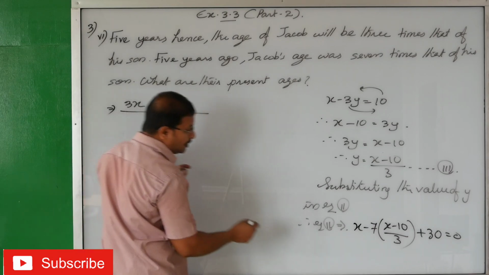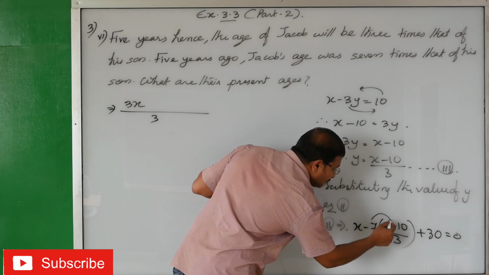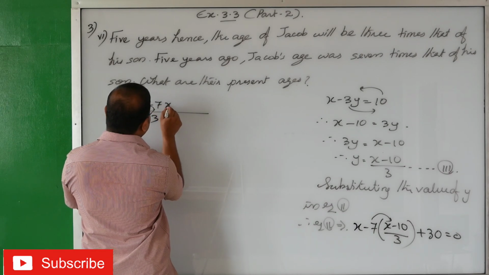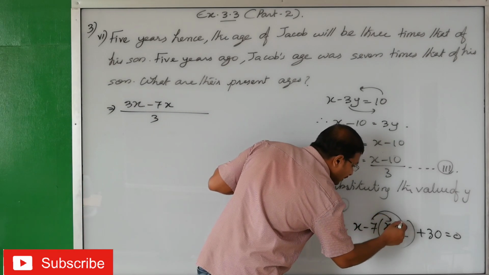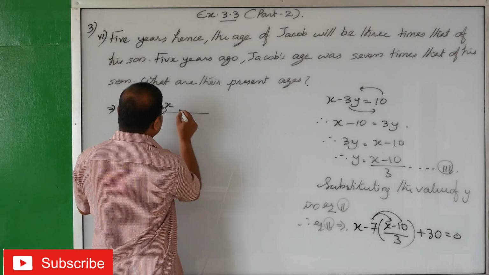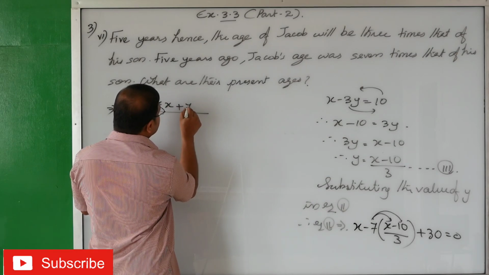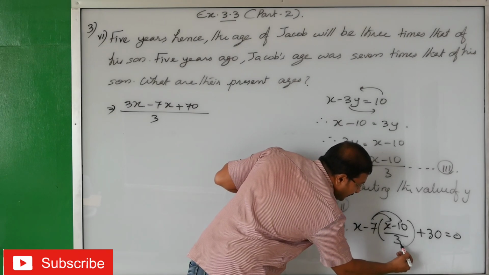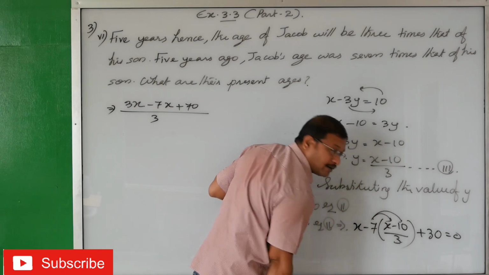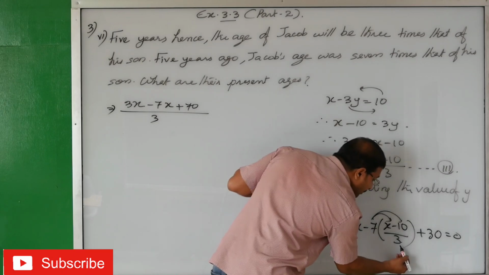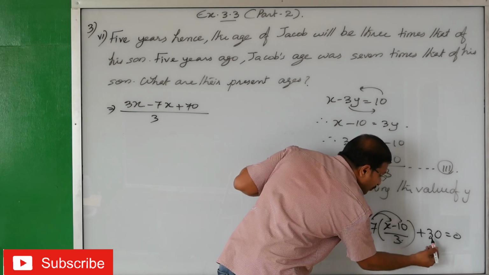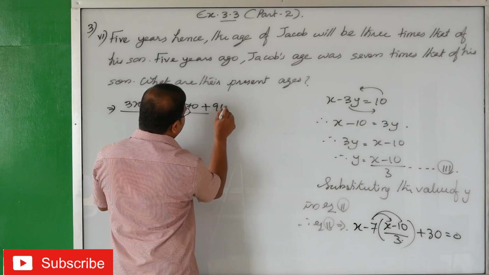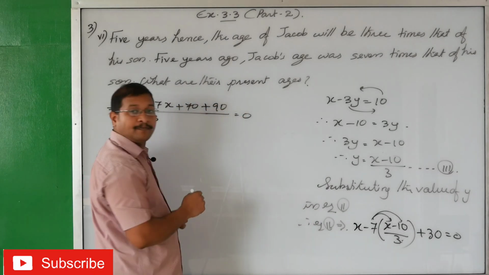3x. Now opening with minus 7. Minus 7 into x, minus 7x. After that, minus 7 into minus 10, minus into minus is plus, 7 tens are 70. Taking 3 as common denominator means this 3 we have to multiply here, that means 3 into 30, that is plus 90 equal to 0.